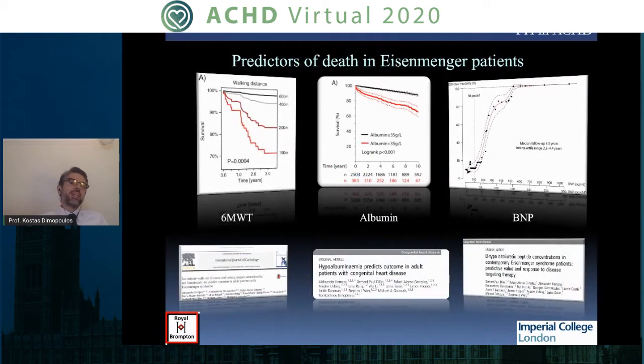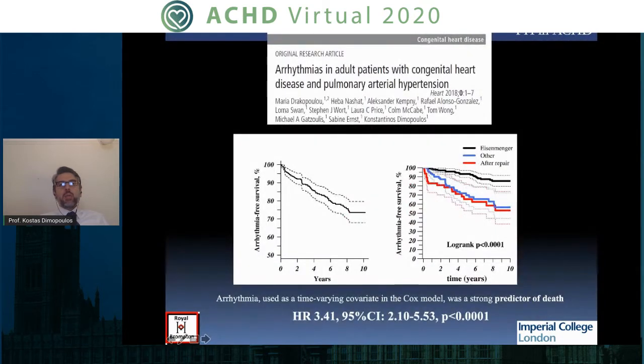How do we predict mortality in Eisenmenger patients? Lots of studies are published, including ours, on a walking test, showing that the 6-minute walk test can predict outcome, as can albumin and BNP. We have shown that arrhythmias in patients generally with pulmonary hypertension and congenital heart disease are a harbinger of adverse outcome, not only because of the arrhythmia itself, but also because the arrhythmia is a marker of advanced disease.